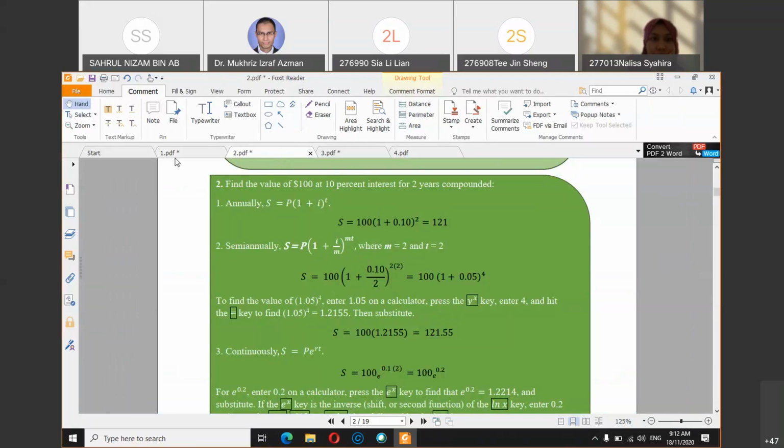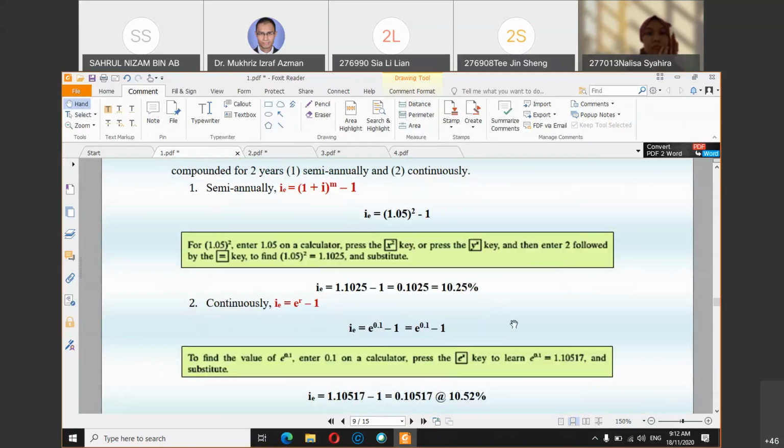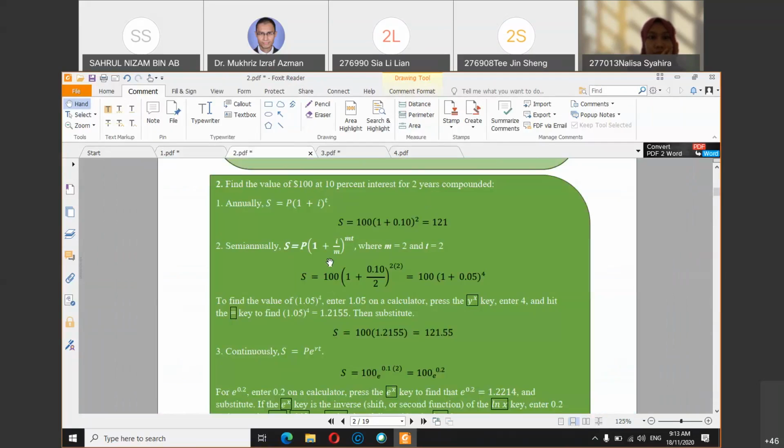But the first group just now was more on the calculation of the interest rate, not so much on what will be your total money after 1 year or several years if you put the money into the bank. This example is given: you are putting 100 ringgit into the bank, given a 10% interest, compounded for 2 years.